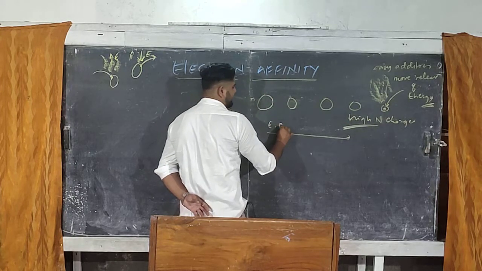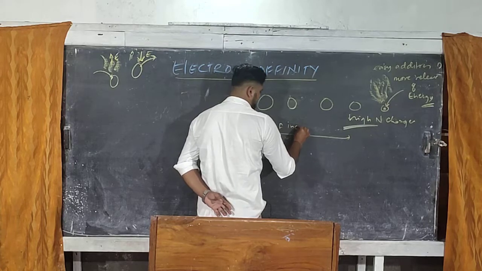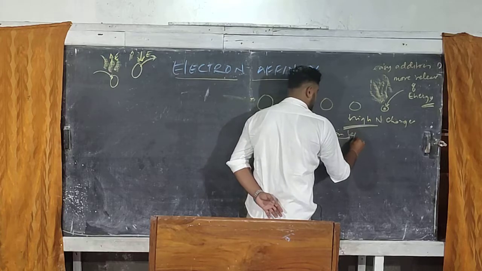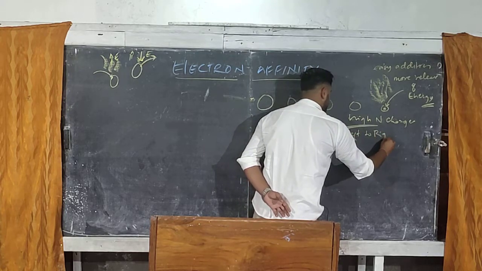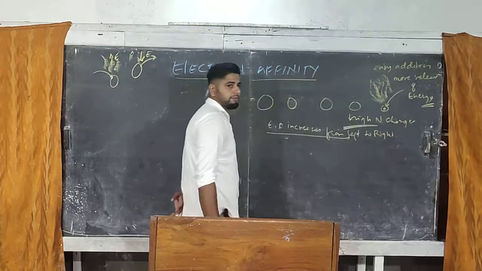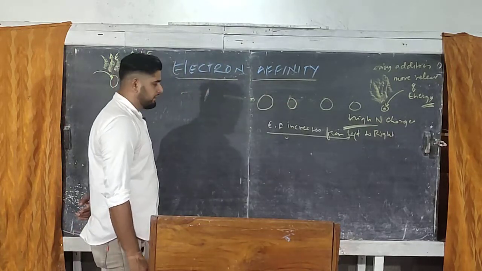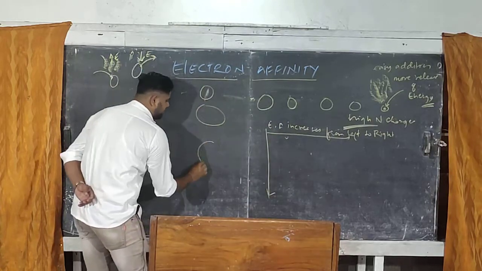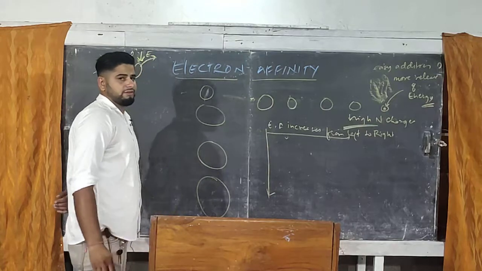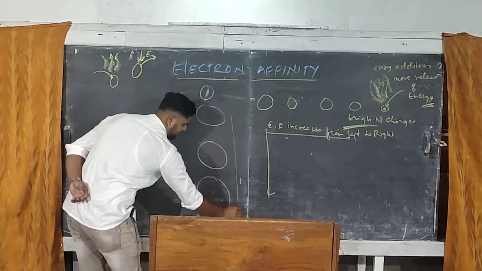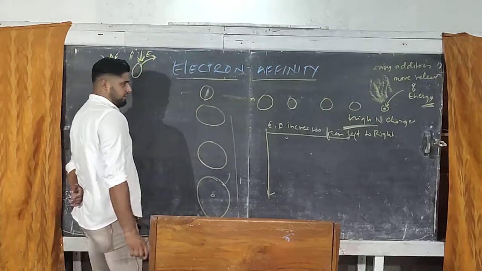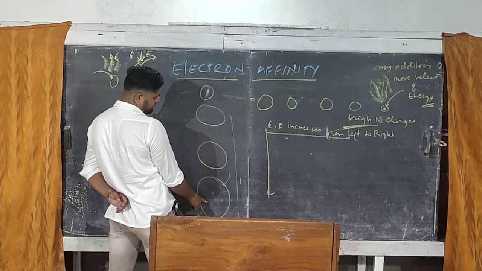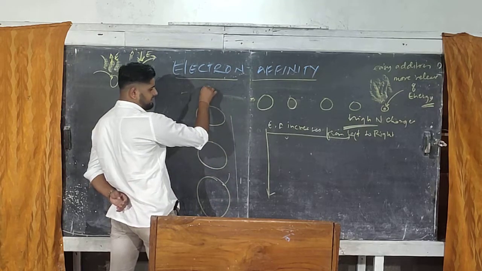So electron affinity increases from left to right in the period. Yes or no? As you know, if you move from top to bottom, size increases, meaning lesser nuclear attraction. So it does not add an electron that effectively as compared to this.